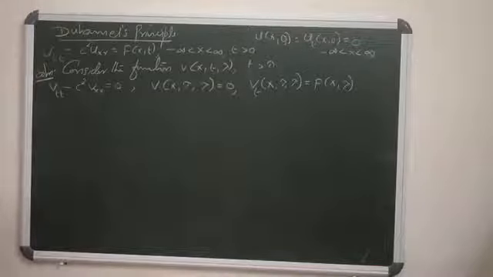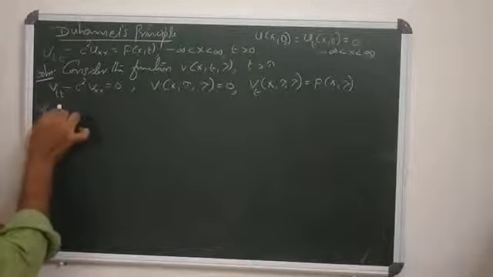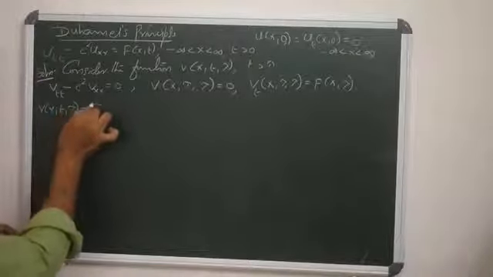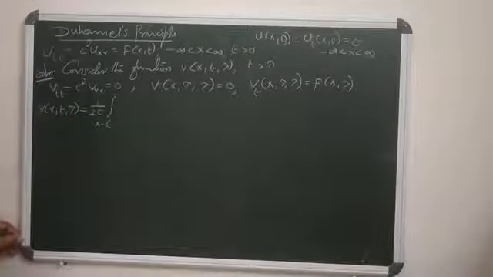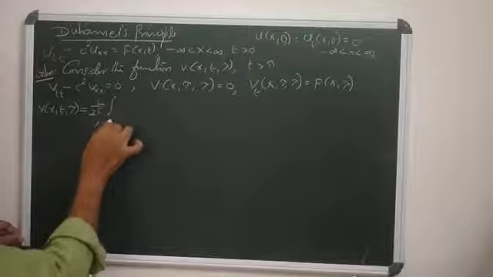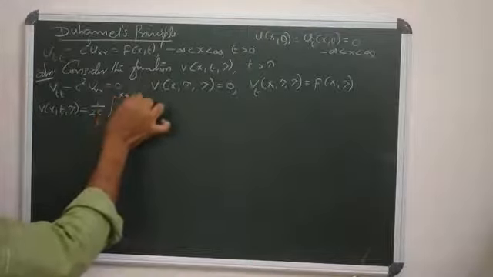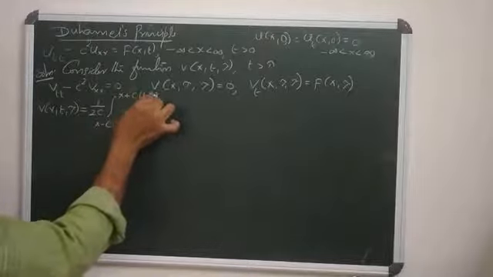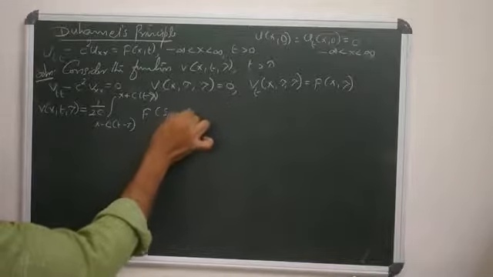Now, Duhamel's principle says that the solution is v(x,t,lambda) equals 1 by 2c into the integral from x minus c into (t minus lambda) to x plus c into (t minus lambda) of f of s, lambda ds.